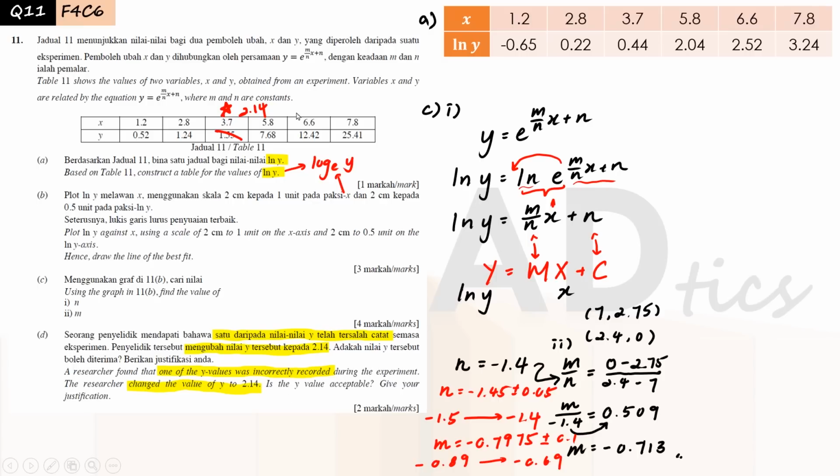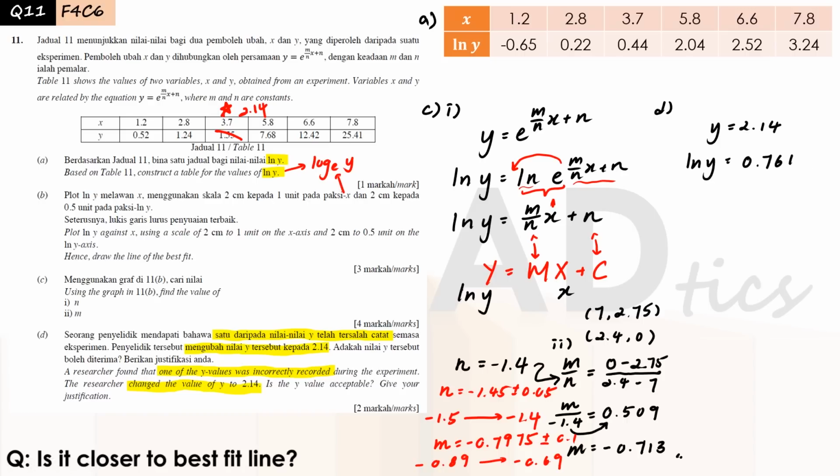Alright, so to do this, why don't we find the ln y value of the 2.14 first? So it's 0.761. Now let's go back to the graph and plot this new point to see whether it is closer to our best fit line or not.